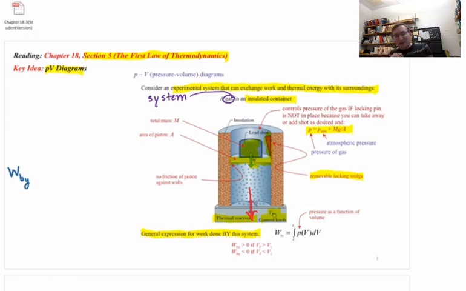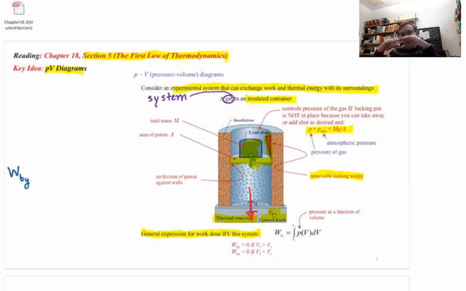The whole point about work in this apparatus is that that piston goes up or down. Let's imagine that the piston moves up a little bit, a little tiny bit upwards. I'll call it ds for a tiny displacement, under a force, an upward force from the gas. Then the work done is just the force times that displacement, F times ds.